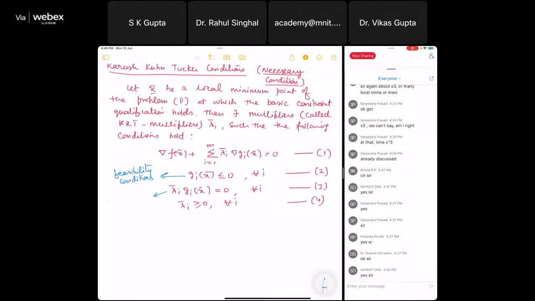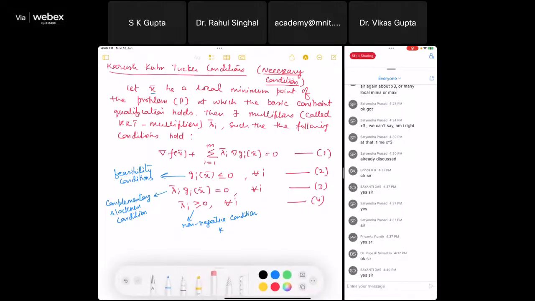This is called the complementary slackness condition. This is called the non-negativity restriction on KKT multipliers.